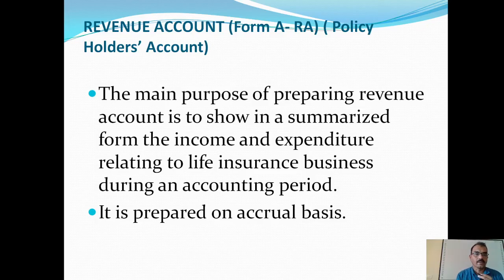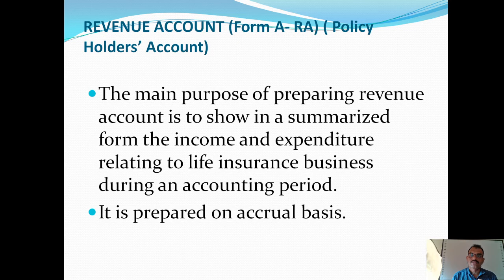Good morning. Now we are going to discuss what the revenue account of a life insurance company is, and what the format of the revenue account is. The revenue account, Form A, is a policyholders' account.